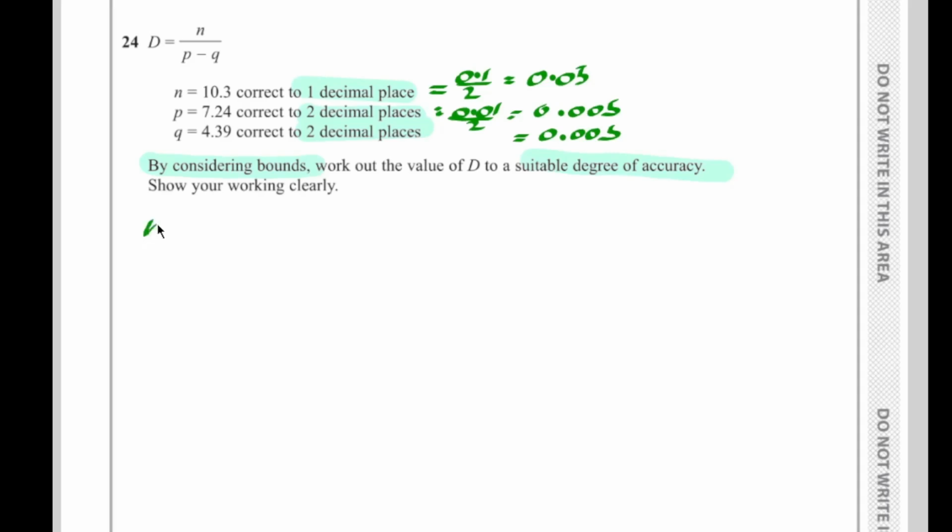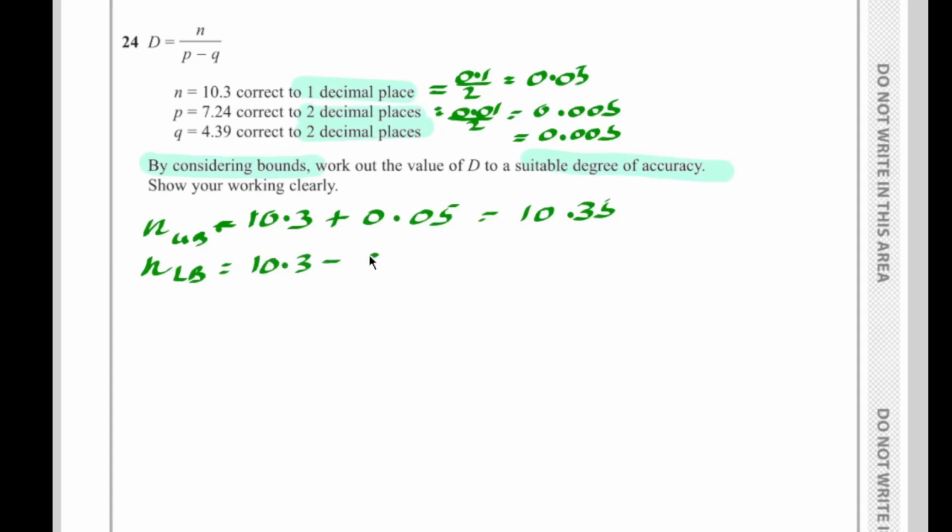Right, now let's learn how to get the upper and lower bound. The upper bound of N: 10.3 is the original measurement, and you add 0.05, which becomes 10.35. This is the upper bound. The lower bound of N is 10.3 minus 0.05, which becomes 10.25.